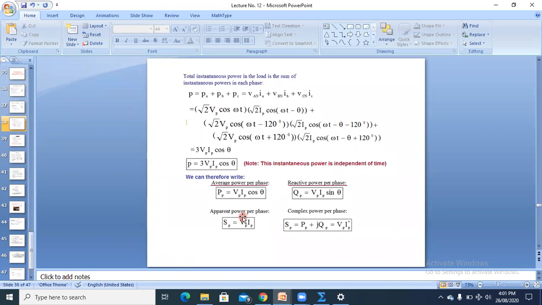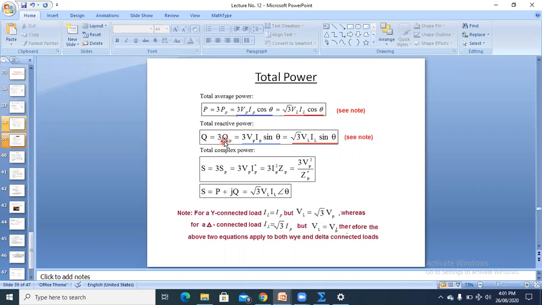So the value of average power per phase is Vp Ip, and the total apparent power is 3 Vp Ip. So here we have the total reactive power, which is 3 Vp Ip sine theta.